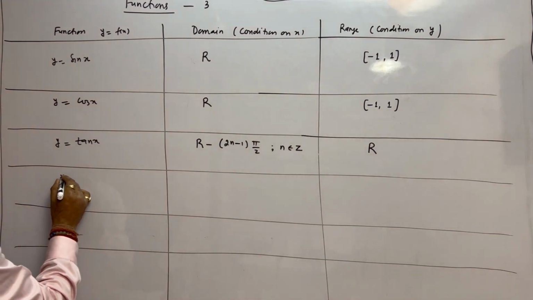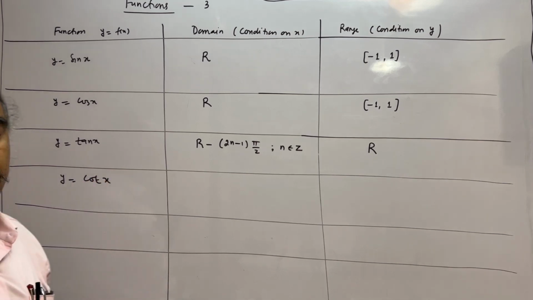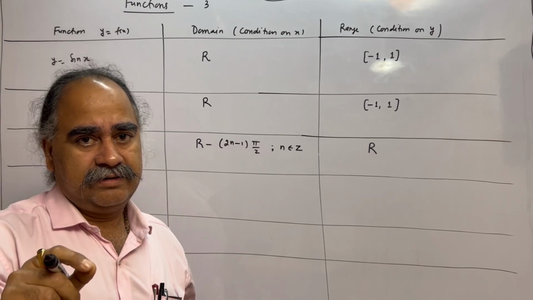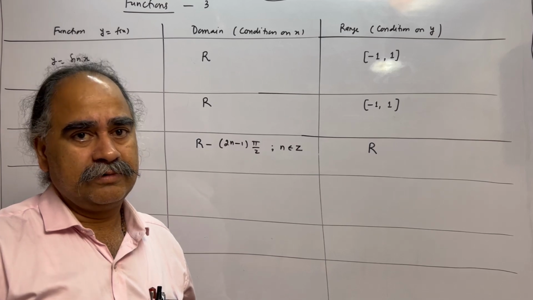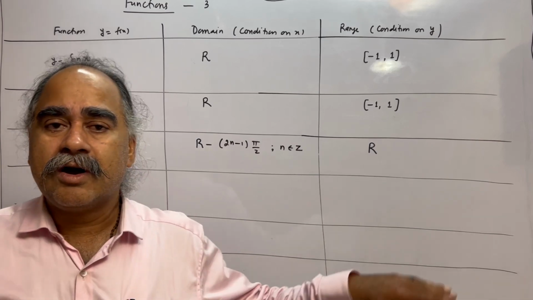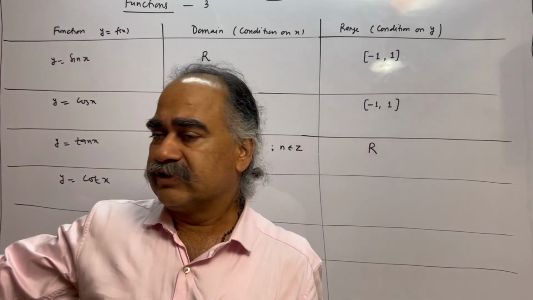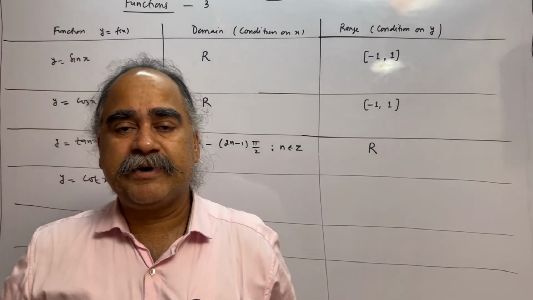Y is equal to cot x. Cot x is cos upon sine. So cot is not defined where sine is 0. And sine is 0 on the x-axis. So this side 0 degree, pi, 2 pi, 3 pi, 4 pi.